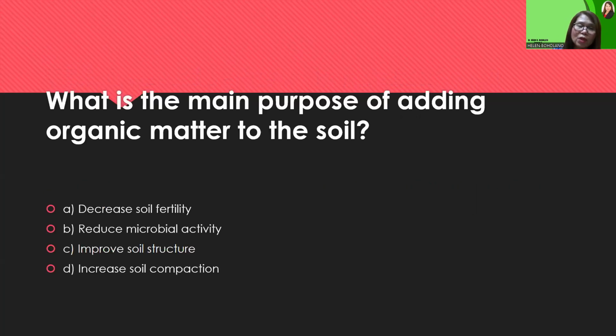Next question. What is the main purpose of adding organic matter in the soil? A. Decrease soil fertility. B. Reduce microbial activity. C. Improve soil structure. D. Increase soil compaction. Go, go, go.